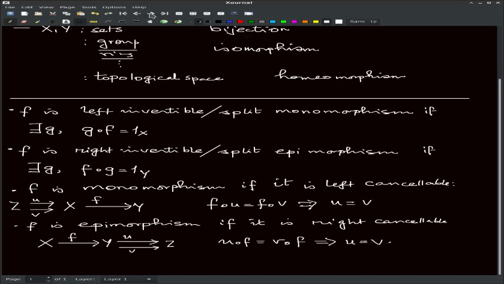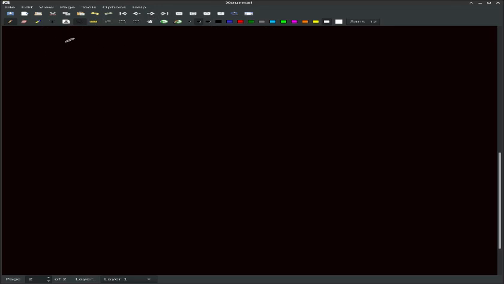Now, it can be readily shown that obviously every isomorphism is a split epi as well as a split mono.